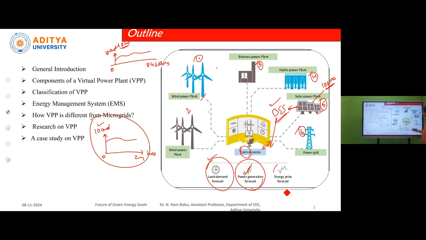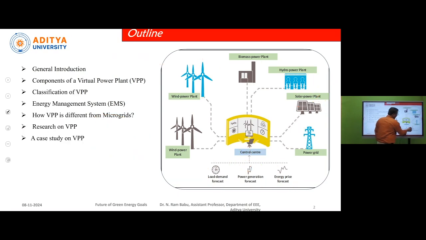And the next one is energy price forecast. If you look into this concept, the amount of energy which we are getting is given by the load curve, and the load curve multiplied with unit price is called the energy price.